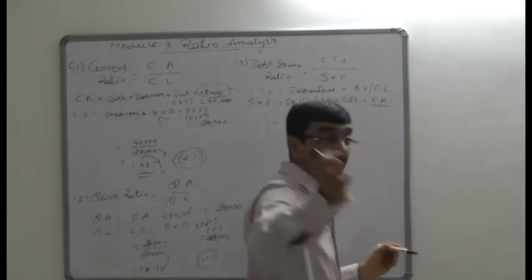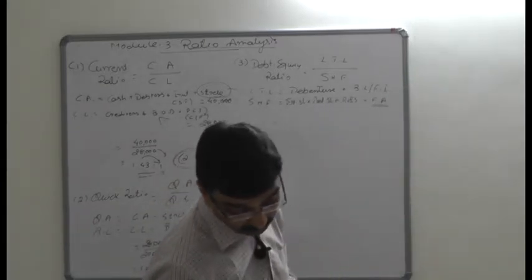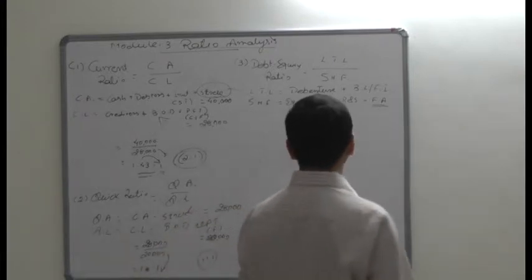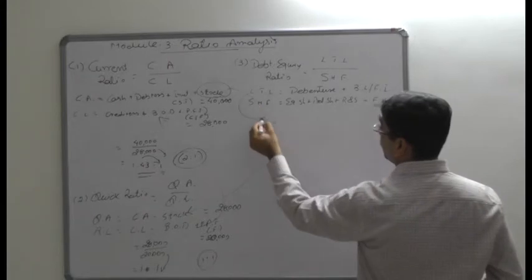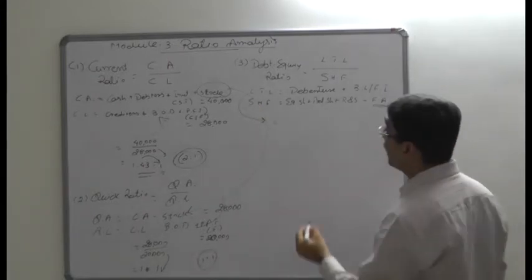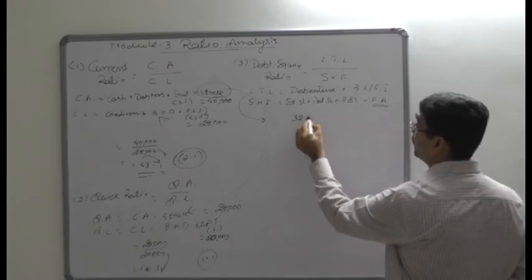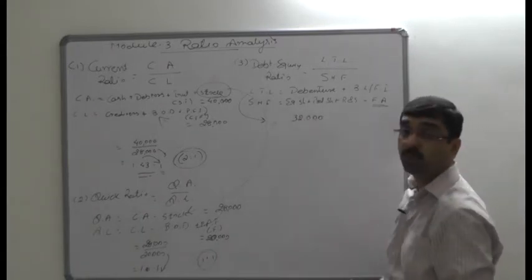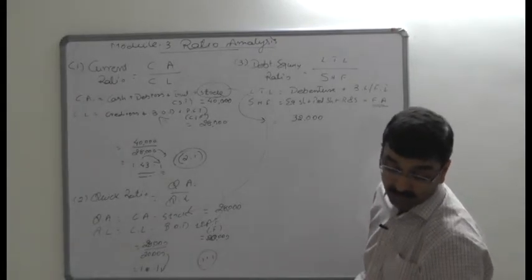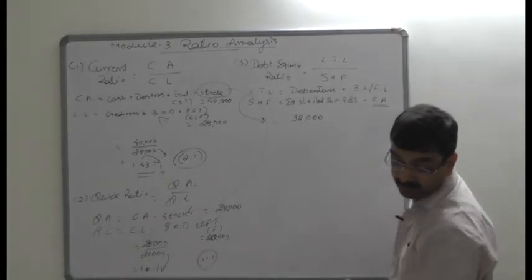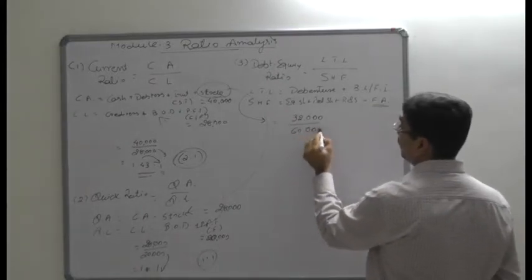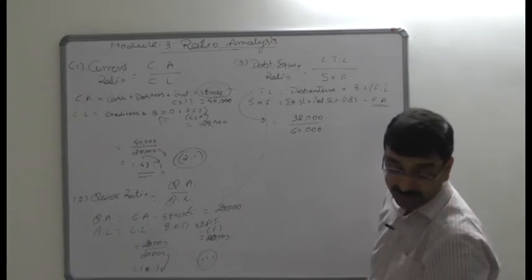So see the question, and according to the question just identify whether you have debentures and long-term loans or not. From these comparisons and from the information of the question, we identified we have long-term liabilities of around 32,000 rupees. And when you compare with all the shareholders fund, we find the shareholders fund is around 60,000 rupees.